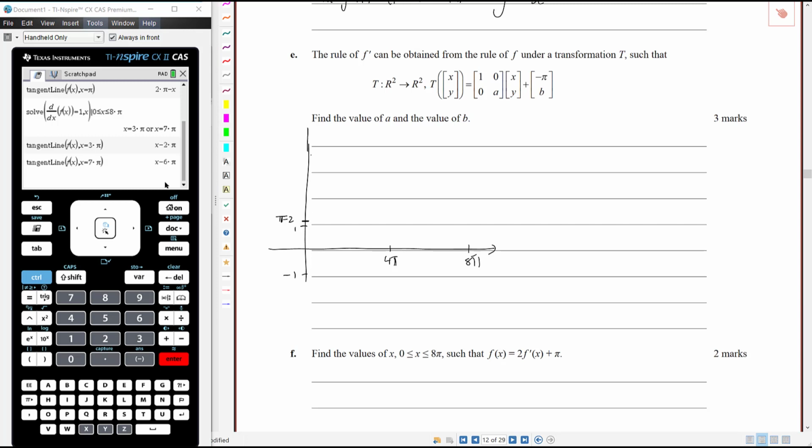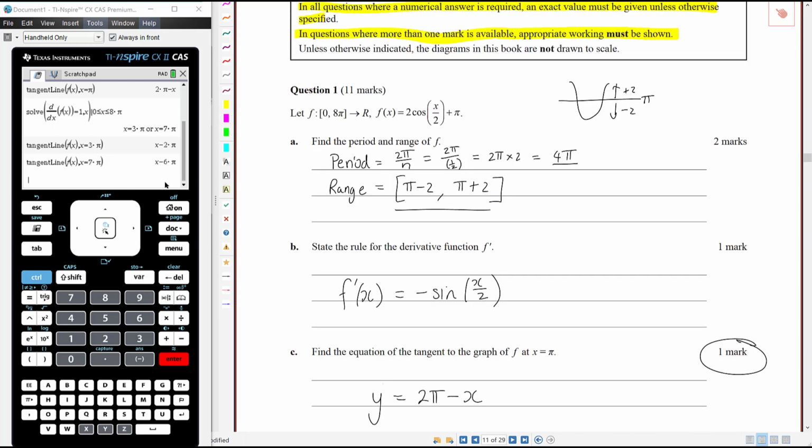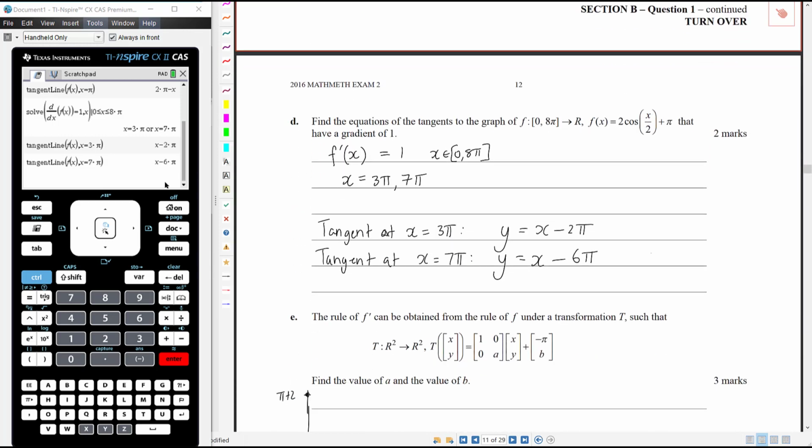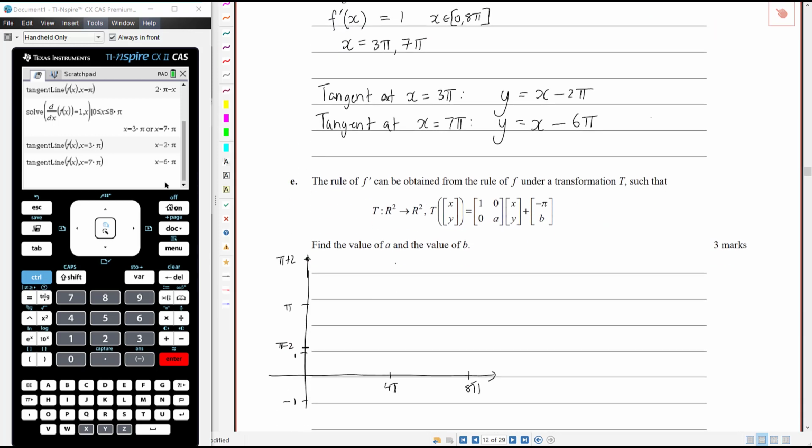Probably haven't got a very good scale here, but that's okay. Pi, and let's say pi plus 2. Alright, so our cos graph, no translations, wasn't reflected, was it? Let me just go back over here. No. So no translation left or right, I meant. Okay, so we're going to have something like this.